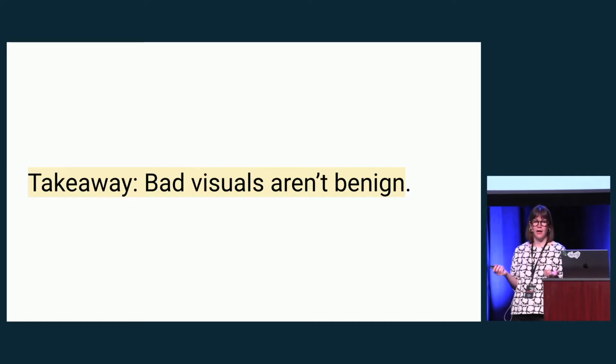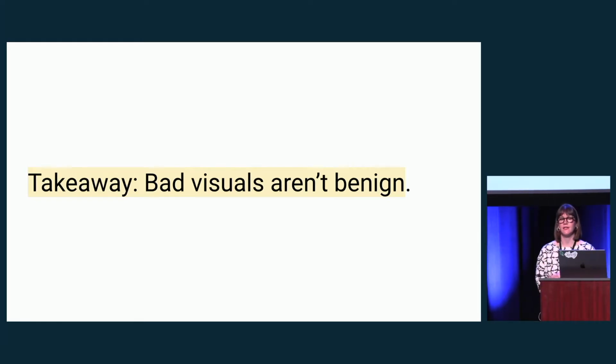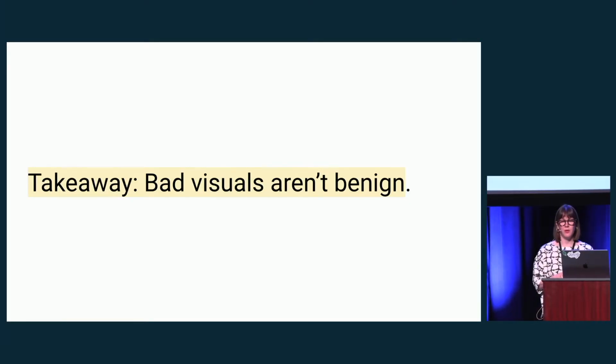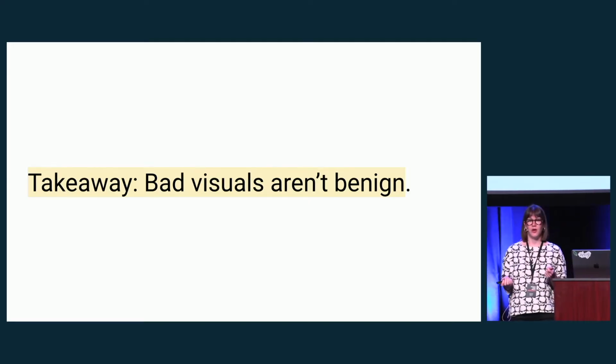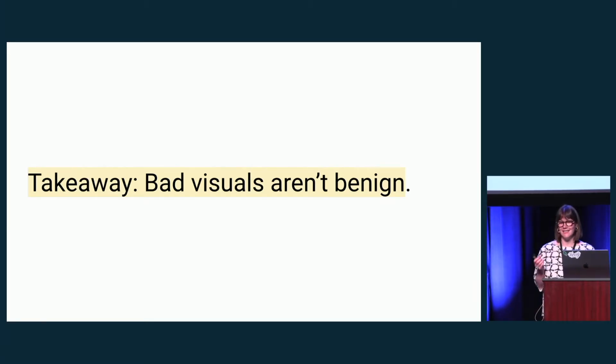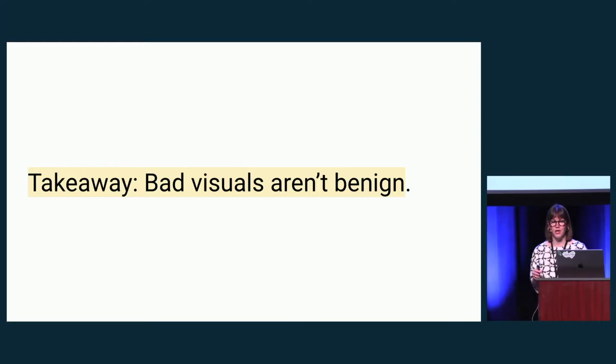Bad visuals, or as the learning science term calls them, seductive details, can confuse readers as to the key points of a chunk of information. They divert attention away from the main points such that learners cannot connect the new information they're getting with their prior knowledge. And other than not introducing these details at all, one way to have them have less impact is to introduce them lower in your documentation.